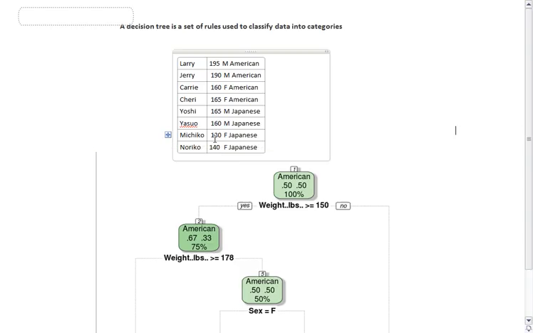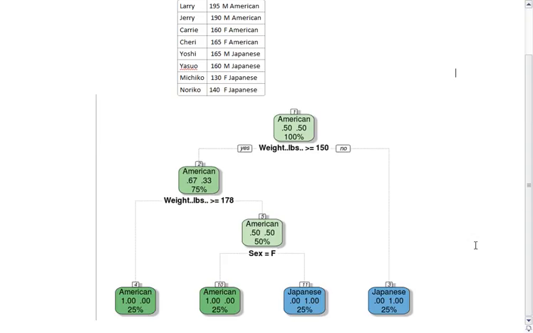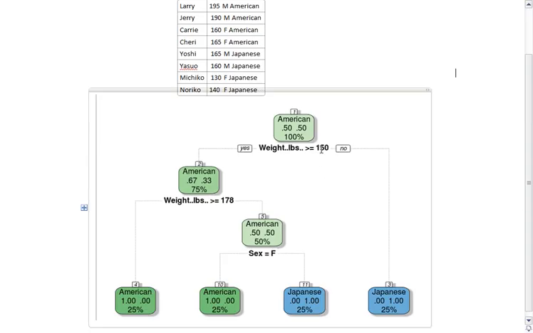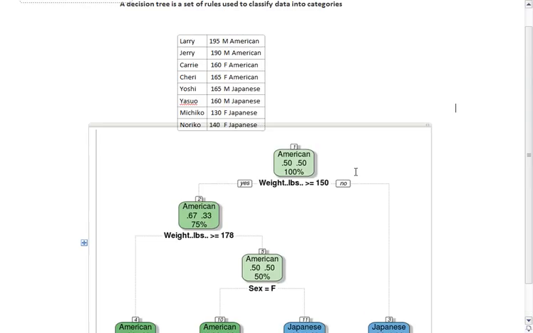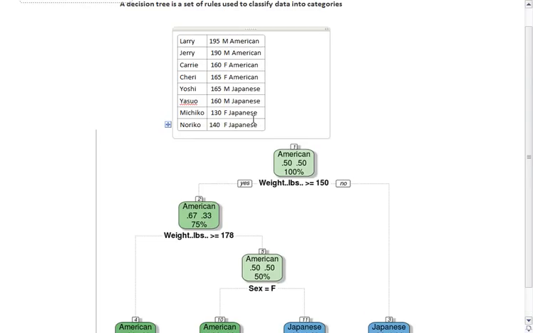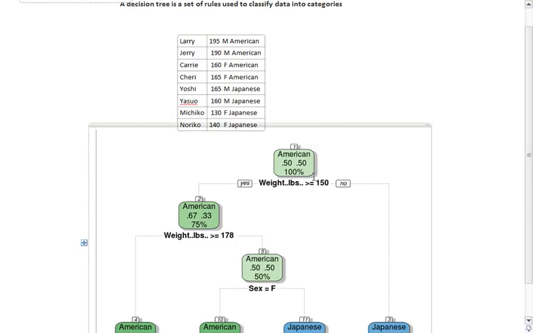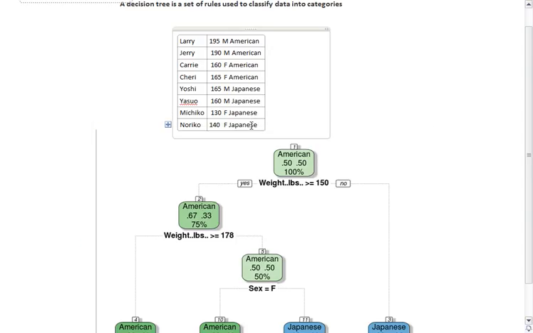So we can say, based on this data, if the weight is lesser than 150, they are Japanese. So weight greater than 150, no, that means the weight is lesser than 150. It will go here, and on the right hand side it will be Japanese. So 25% of these will be Japanese. You can see lesser than 150 will be 130 and 140. These two people are there.